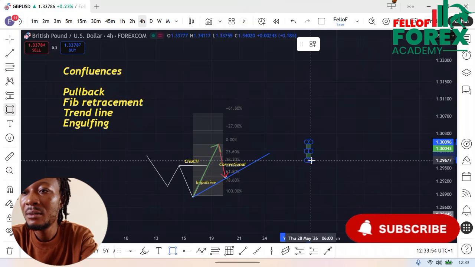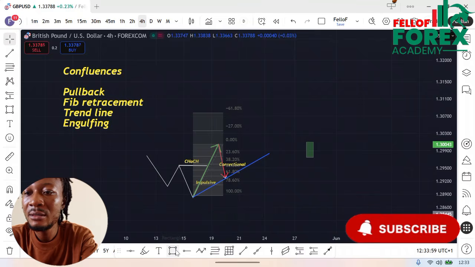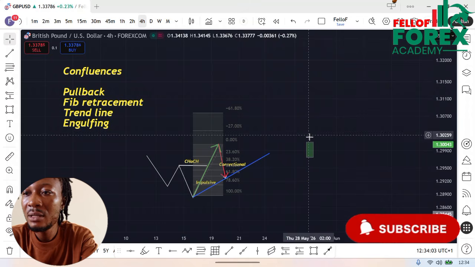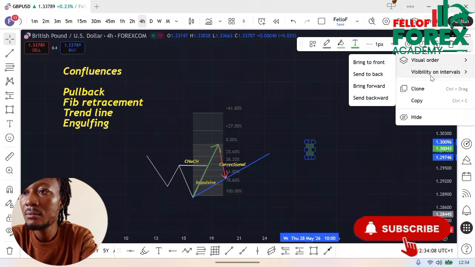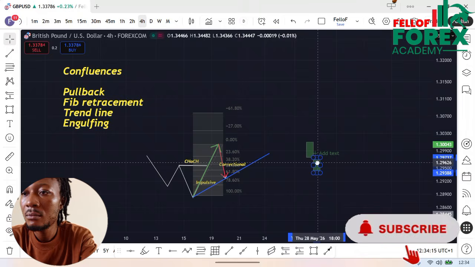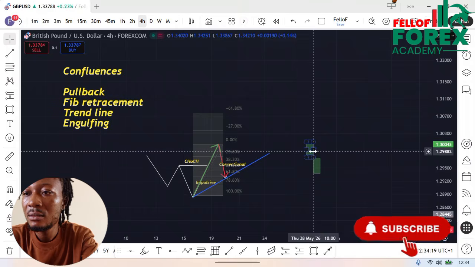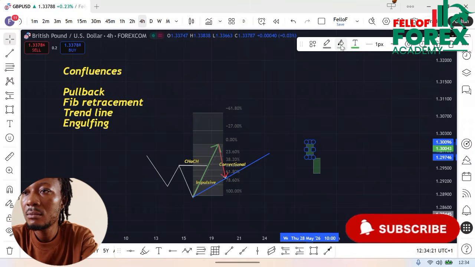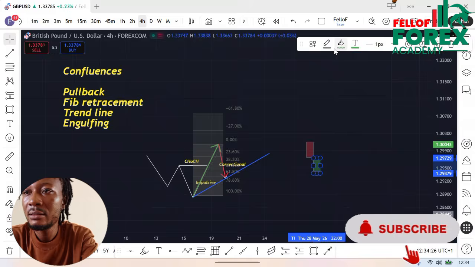Let's take, for example, price is coming down, creating lower lows or creating bearish candles. Sorry, let's just clone it. Let's make this red.